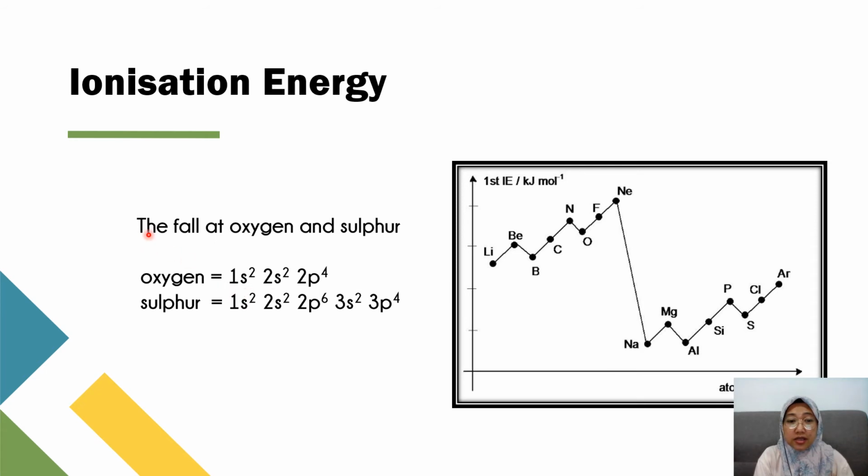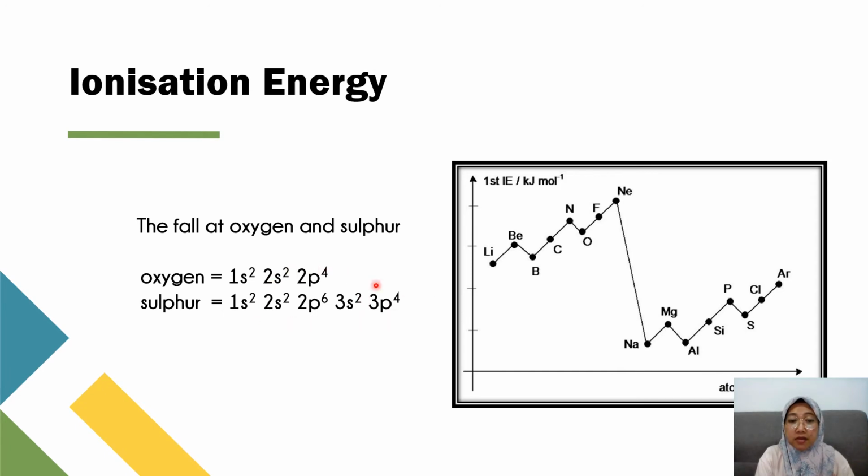Okay, next, the fall at oxygen and sulfur. Okay, oxygen for period 2, sulfur for period 3. So oxygen, the electronic configuration is 1s2, 2s2, 2p4. Okay, sulfur 1s2, 2s2, 2p6, 3s2, 3p4.